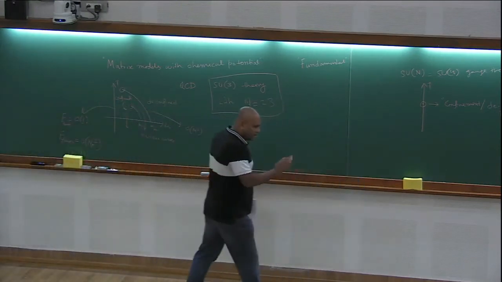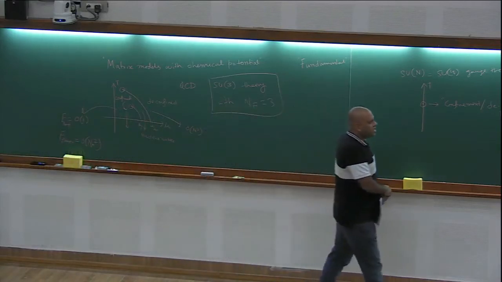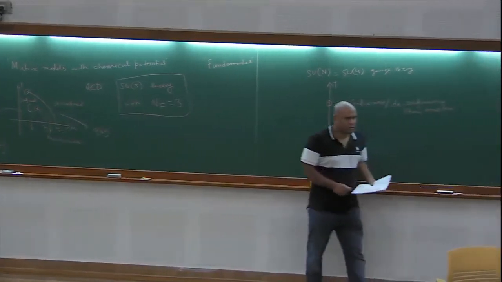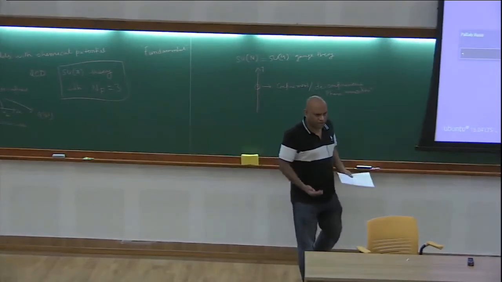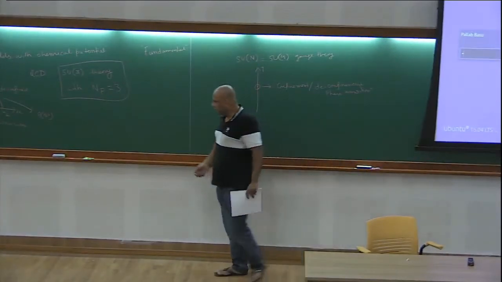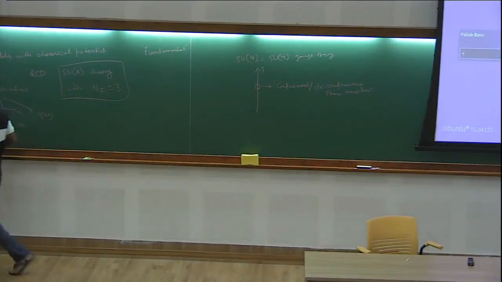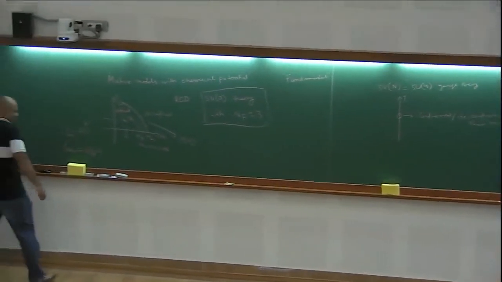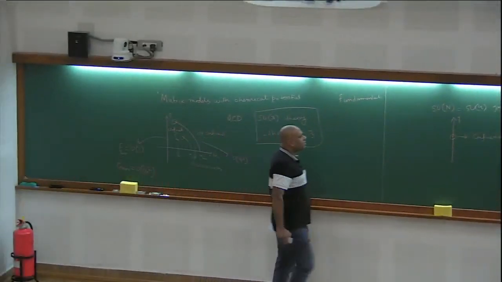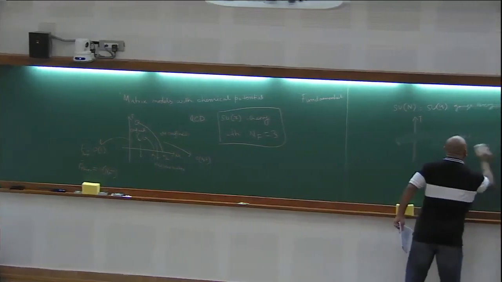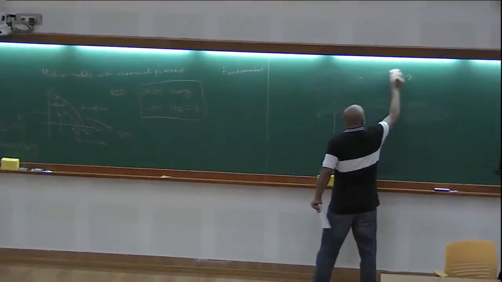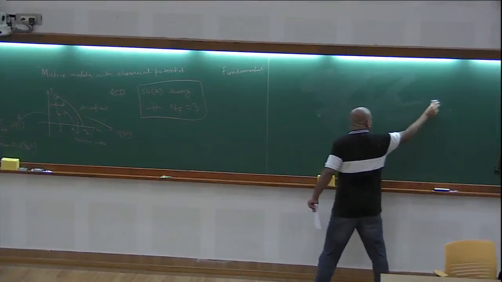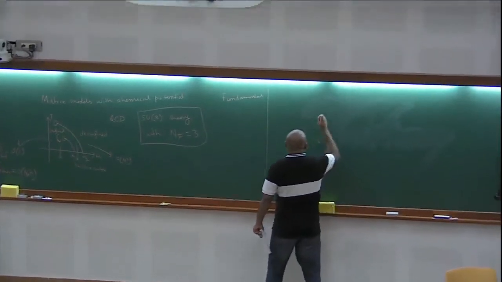Okay, so let me get into the main question of our talk: what happens if you have chemical potential? Let us just discuss a very simple model, a boson model, say a charged boson.